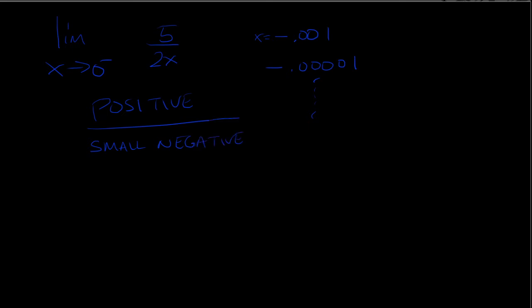And we know positive divided by negative is just going to be negative. And a number divided by a small number will just approach infinity. So my limit here is negative infinity.